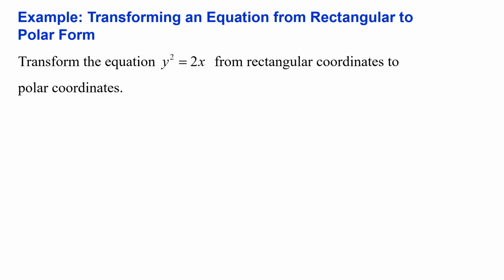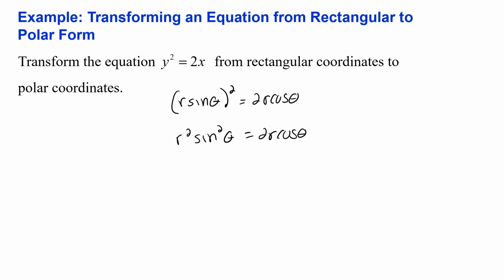So let's use the conversion equations that y equals r times sine theta and x equals r times cosine theta to write this equation as the square of the quantity r times sine theta equals 2r cosine theta. Now, if we square the left-hand side of the equation, then we can write our equation in an equivalent form as r squared times sine squared of theta equals 2r cosine theta.